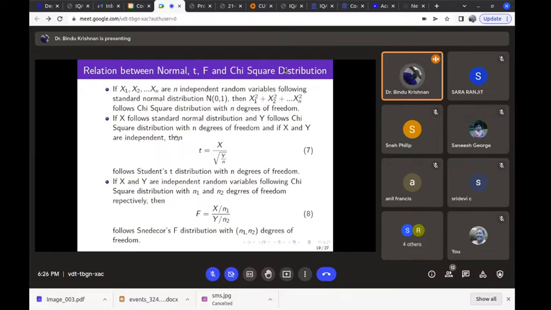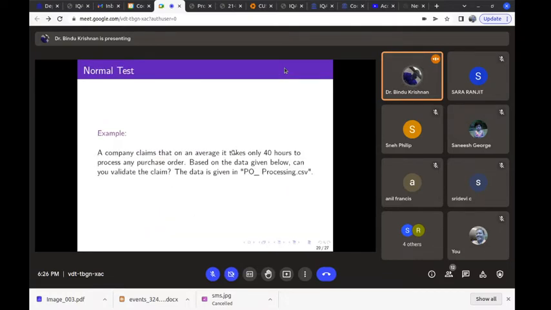Whenever we define t, F and chi-square, we define those distributions with the corresponding parameter, degrees of freedom, just equivalent to the normal distribution with parameters mu and sigma.